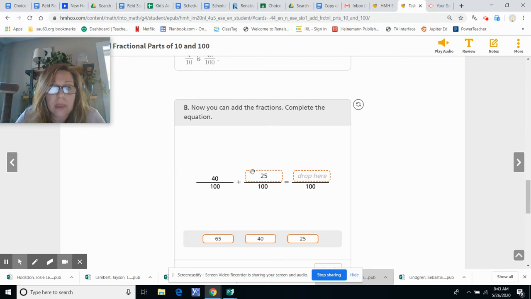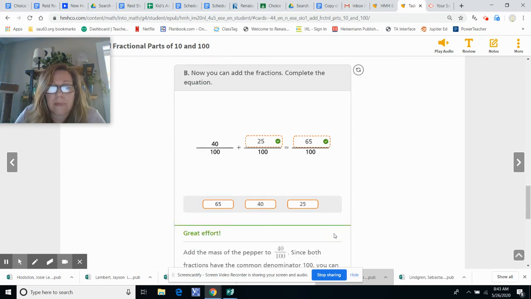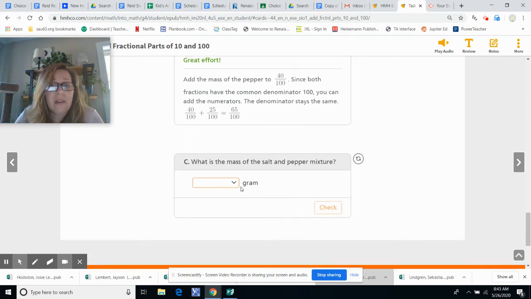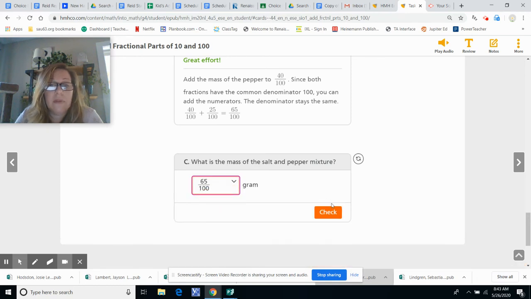So 40 plus 25 is 65, so 65/100ths. Okay, let's check it. Perfect. Since both fractions have that common denominator of 100, now we can add those numerators. The denominator stays the same. So what is the mass of the salt and pepper mixture? Well, it's 65/100ths.